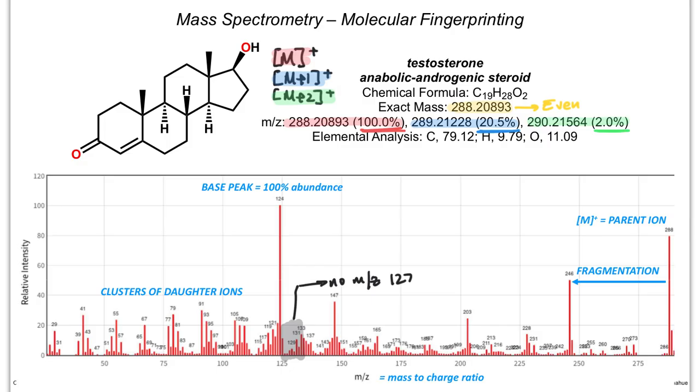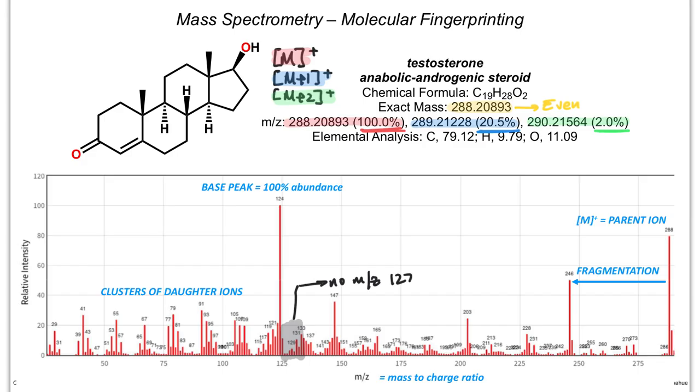We saw that with chlorine and bromine due to their isotope abundances. They had certain ratios of M to M+2. So I want to be very clear: when I say for chlorine and bromine, it's whatever the parent is plus 2. See this ratio here, 2%?